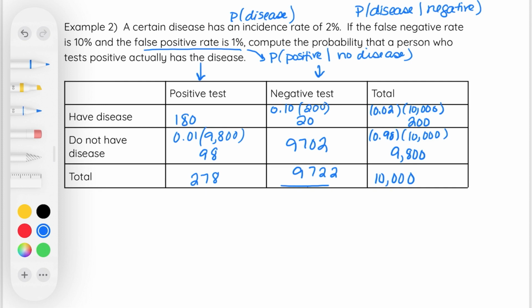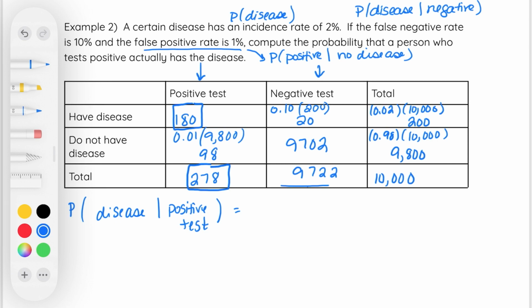We're looking for the probability that a person who tests positive actually has the disease. So we're looking for they actually have the disease given that they had a positive test. So given that they have a positive test, they have the disease.